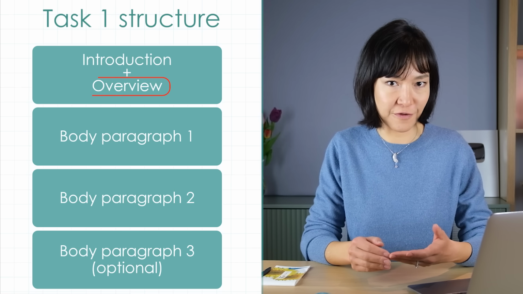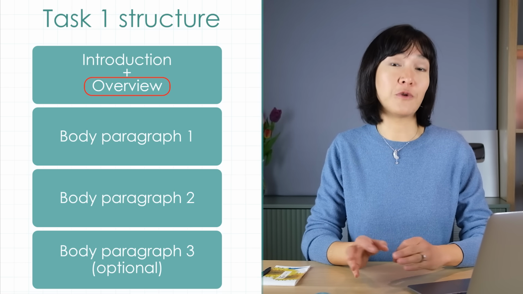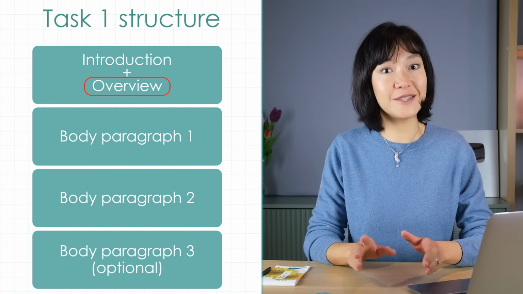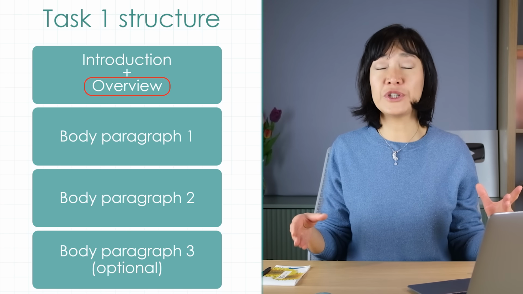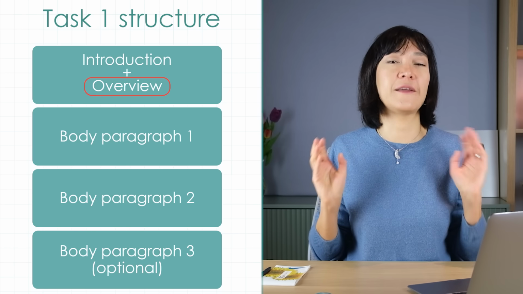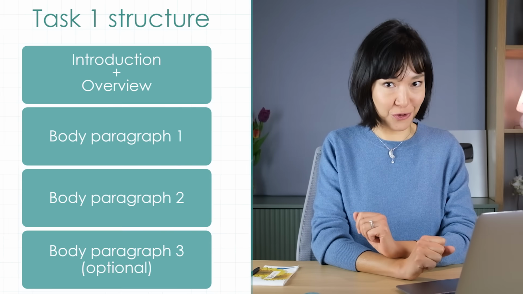The second part of this paragraph is an overview. That's where you need to write 1 or 2 sentences where you say what you've learned from this task. Don't give any details, just the big picture. Let me show you. Again, we're starting with a simpler version.